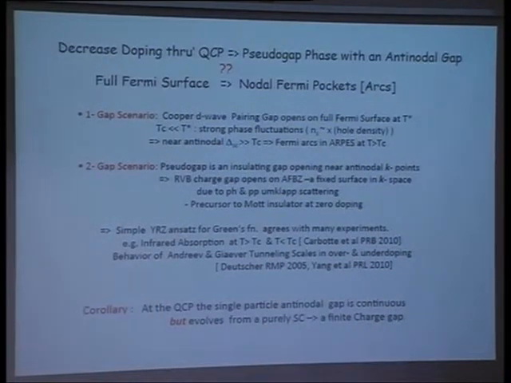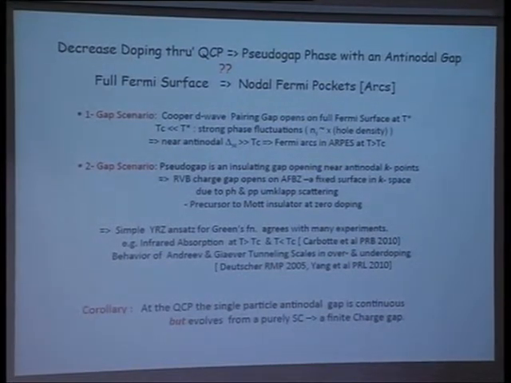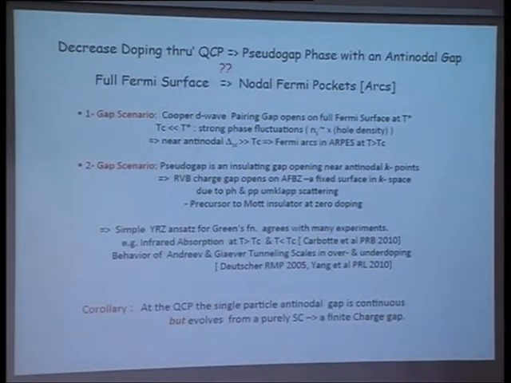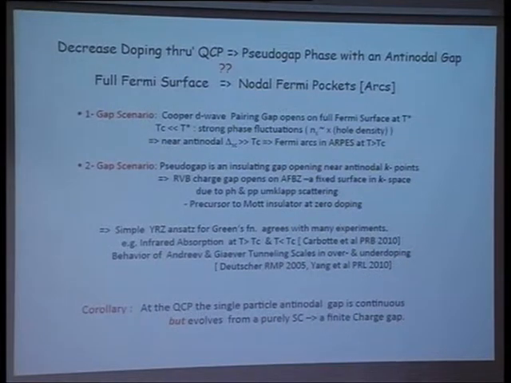And the simple ansatz we make for the Green's function is based on this type of physics, a simple guess for the possible form for the Green's function. And of course, since it's phenomenology, the proof of the pudding is in the eating, so we have to test it against various experiments and see how well it can do.